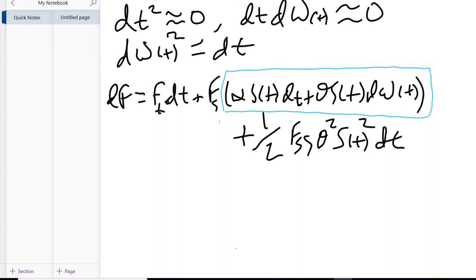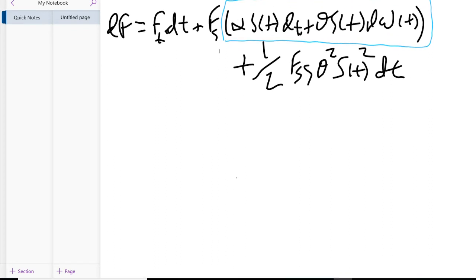So with these dynamics for f, let's collect all the dt terms and the dW_t term, and let's do a little trick here.